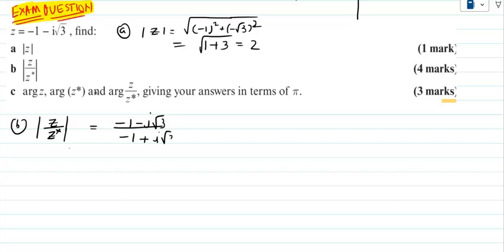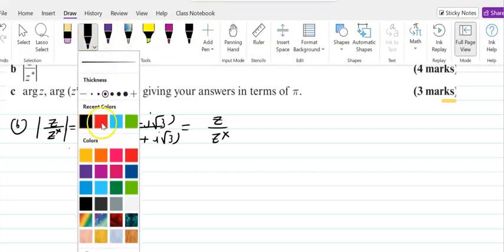Is that okay? So this is value of z over z conjugate, and this is what we need to find. So we need to rationalize it. Just put it in a bracket and then change the sign and multiply in the numerator and denominator.